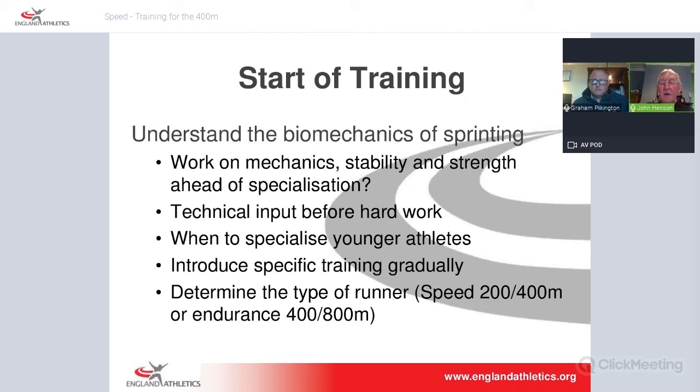Some athletes mature very early and can handle more hard work at a younger age. So you've got to know very closely the athlete that you're catering for. But generally, I would have thought you don't want to specialize in the 400 much under about 18 years of age.